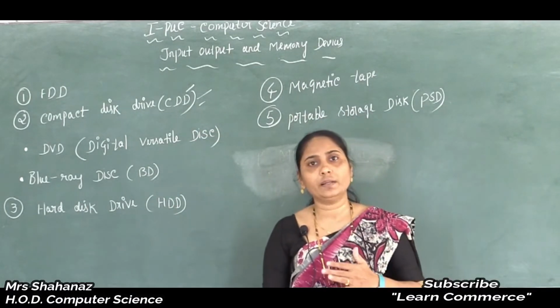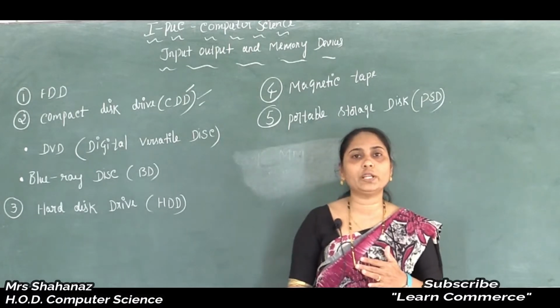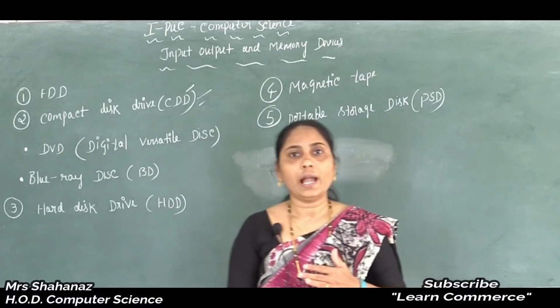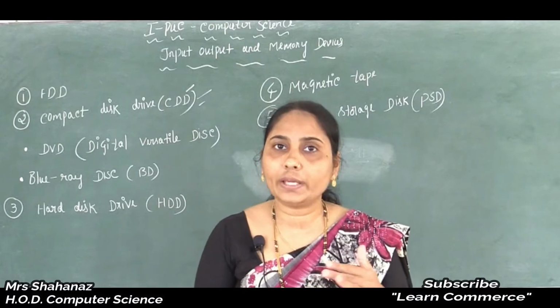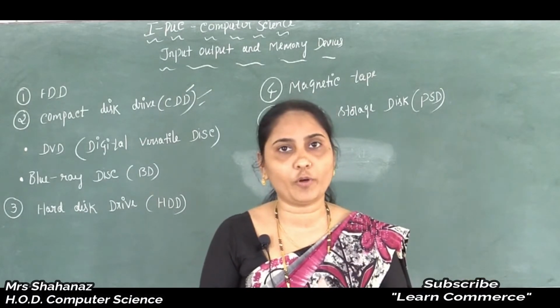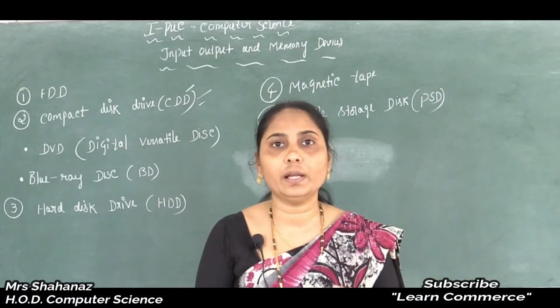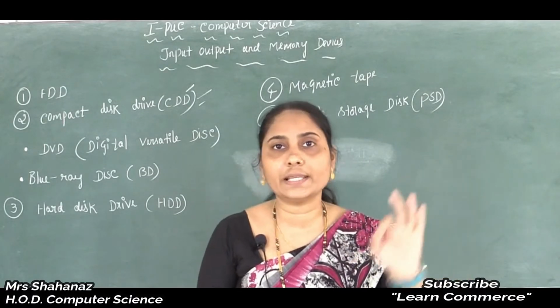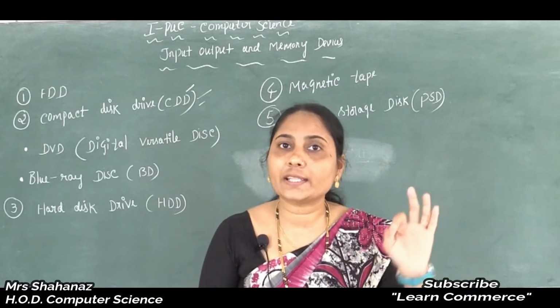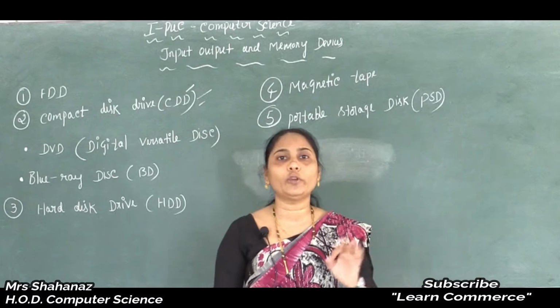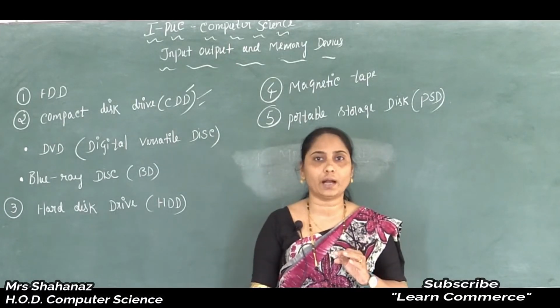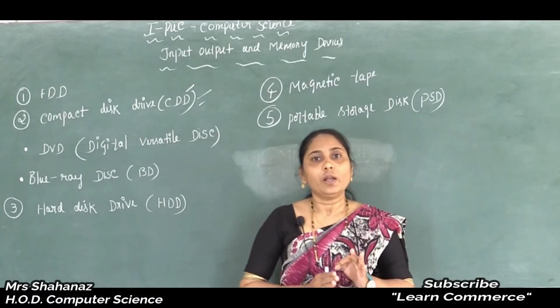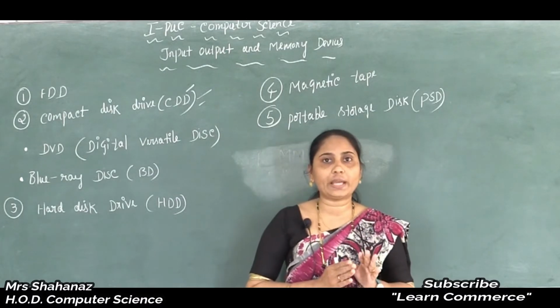As we know, with the FDD we can store a small amount of information. For example, a 3.5 inch FDD can store just 1.44 MB of data.